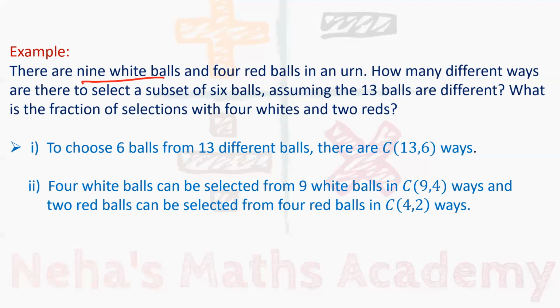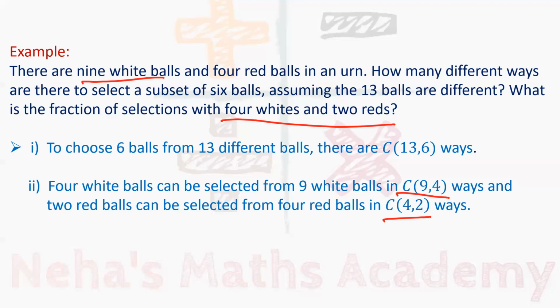And in the numerator, we have to find the number of ways of selecting 4 whites and 2 reds. To select 4 white balls from 9 white balls, there are 9C4 ways, and to select 2 red balls from 4 red balls, there are 4C2 ways.